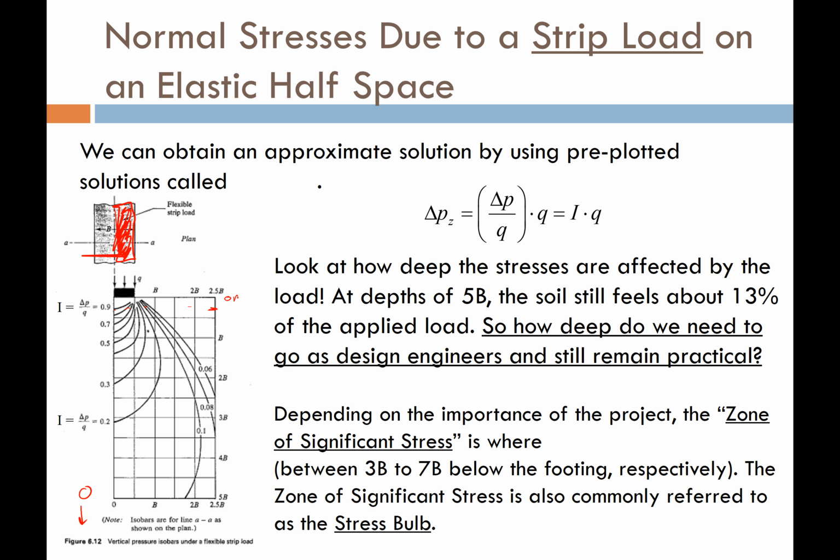Oh, that's 0B right there. So that would be a depth of maybe 0.25 times the width of my strip footing. That's where I have 90%. If I'm directly beneath my footing right here, I is going to equal 1 because it's going to feel the full weight or the full load of that strip load.